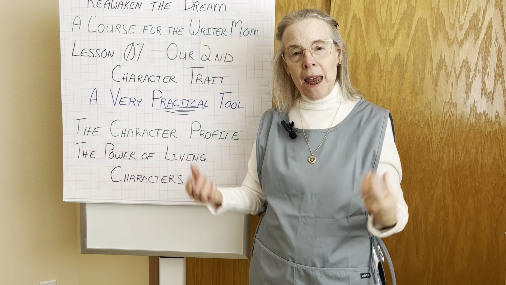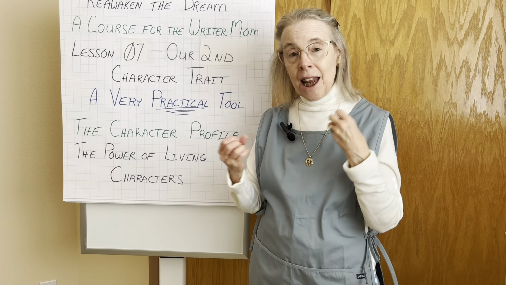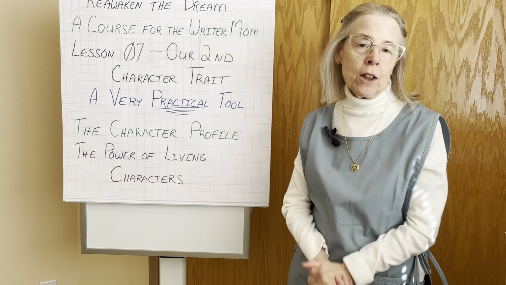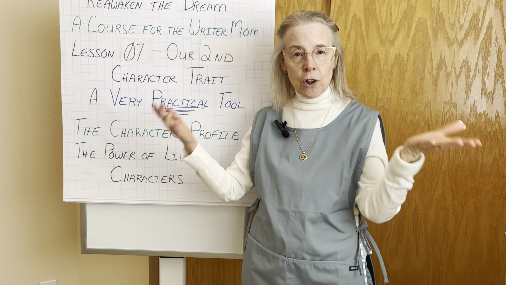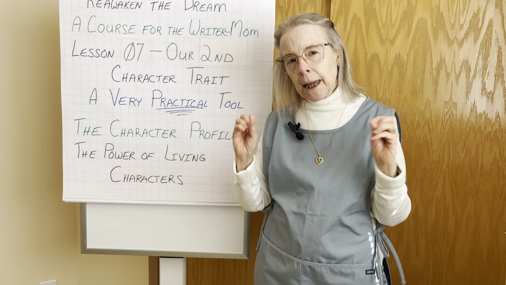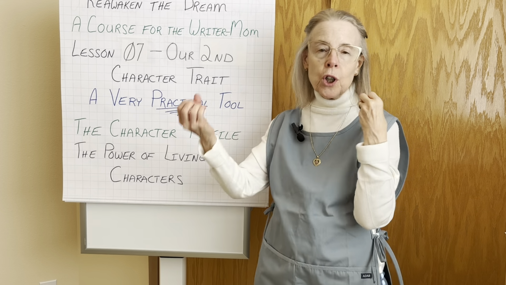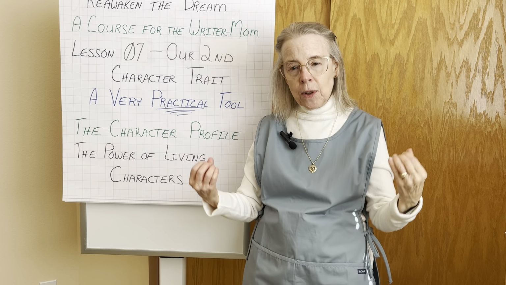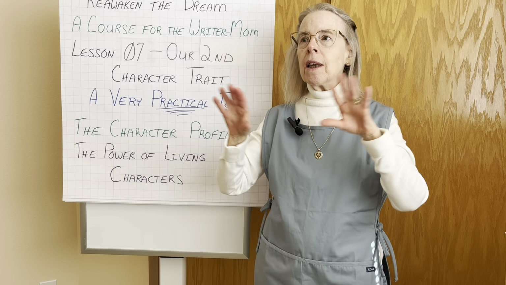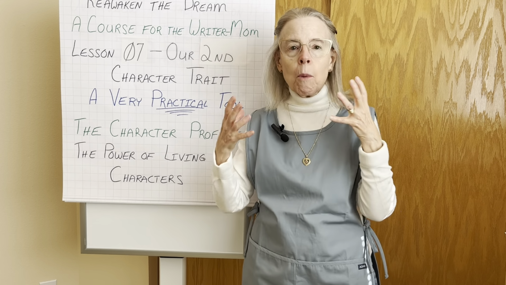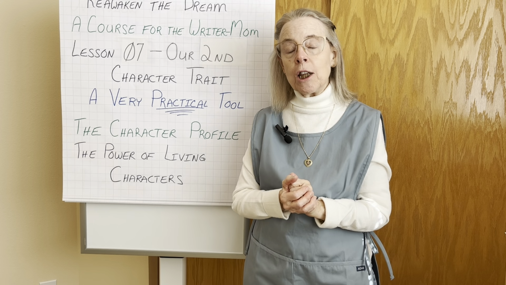We'll build on the base of this information, and you're going to have a wonderful new superpower, the power of living characters. The power of living characters, as you know, is the mechanism by which you will be able to reawaken the emotions of your writing the minute you sit down to write, using 28 different character traits and a ball of emotions that are associated with each one.